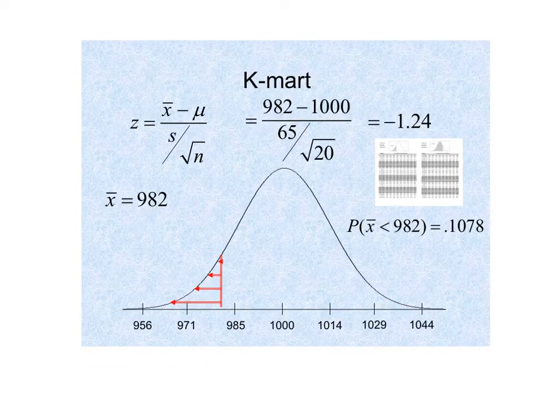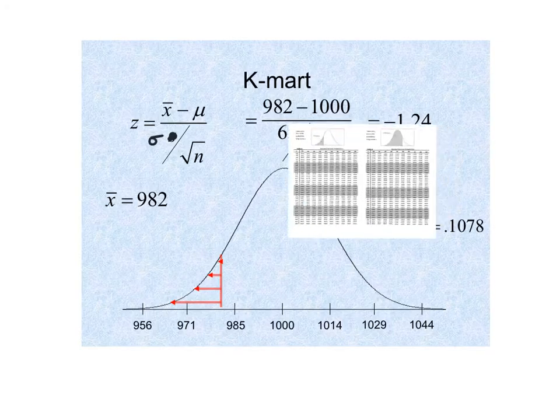Okay, if we take the Kmart example, that was the light bulb example, our sample X bar, when we tested 20 light bulbs, gave us an average time span of 982 hours, minus the claim of 1,000, over the standard deviation. So again, instead of S, it should be sigma. 65 was given in the text, and so we calculate this fraction and it gives us negative 1.24.